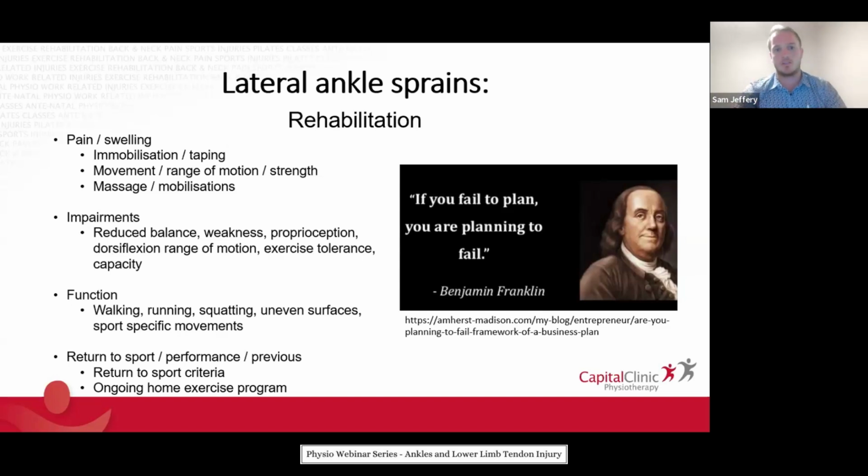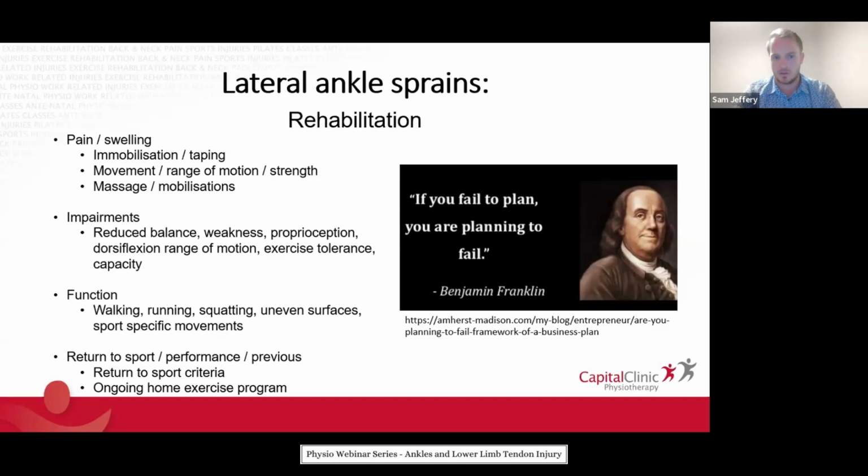And we will look at those things through functional activities like walking, running, squatting, balancing, uneven surfaces, calf raises, lunges, squats, all of those things to get a nice picture of where that person is and how they're moving. When it comes to return to sport or returning to that person's previous level of function after an acute sprain, we need to make sure there's a plan.